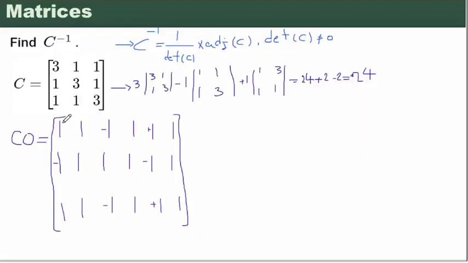So I write, first row, first column, the matrix 3 1 1 3.